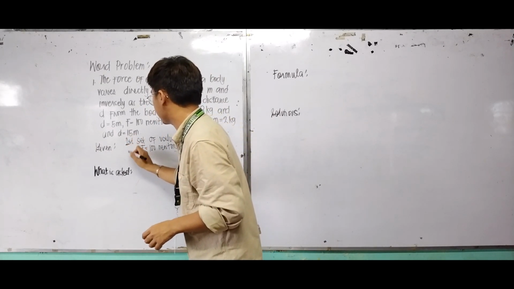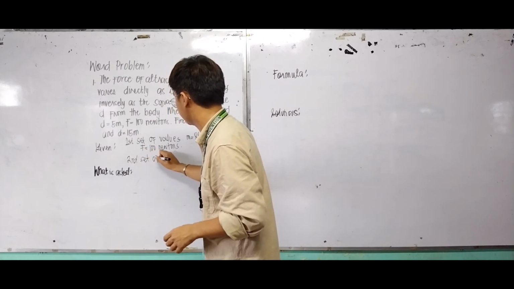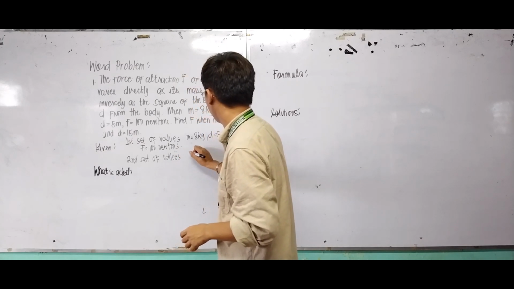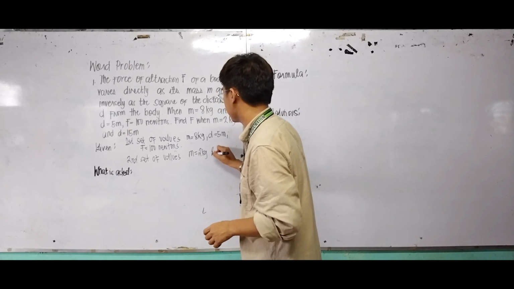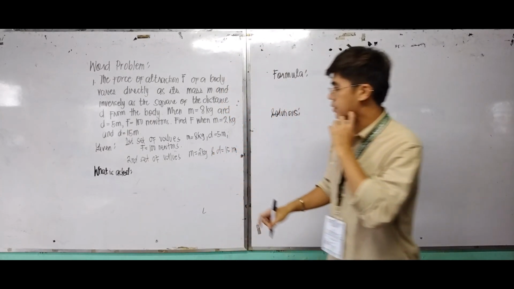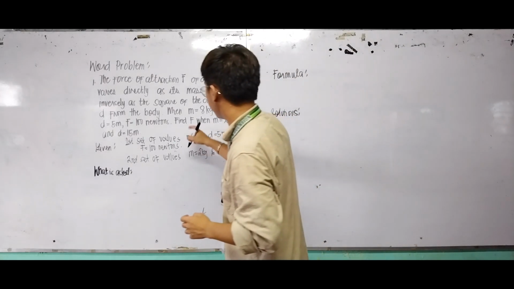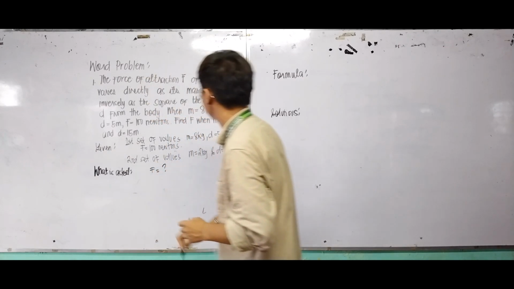And we have the second set of values. We have mass 2 kilograms and the distance 15 meters. So next, what is asked? What we're going to find here is the force of attraction.